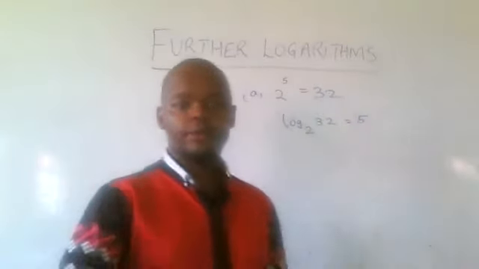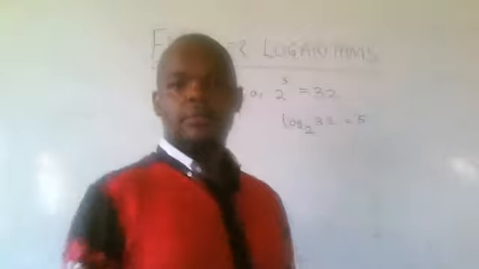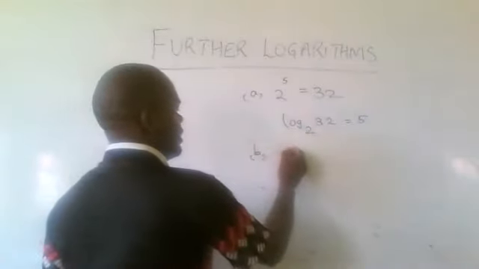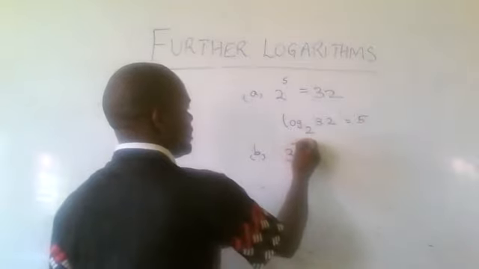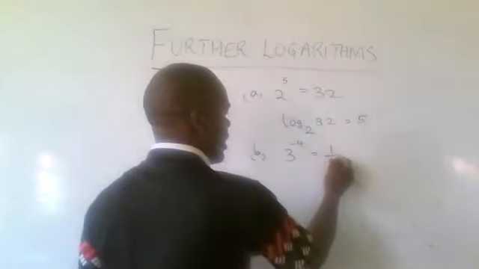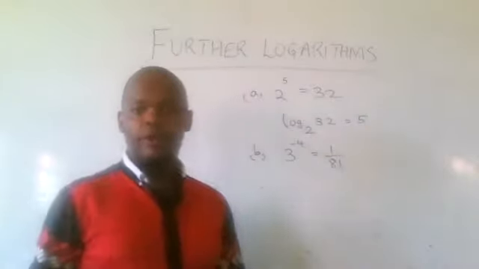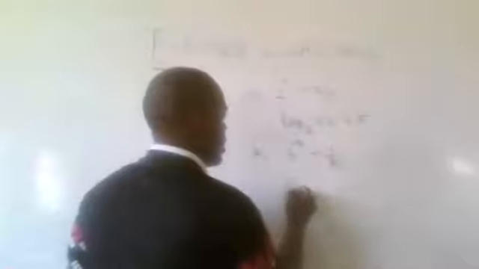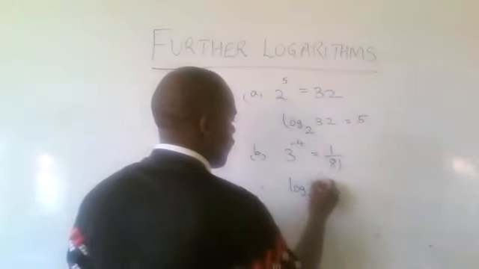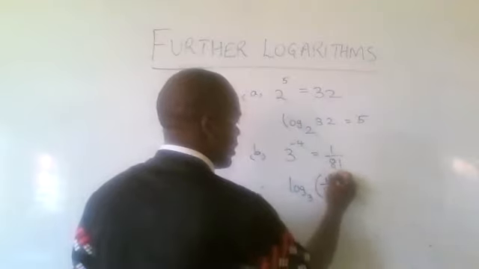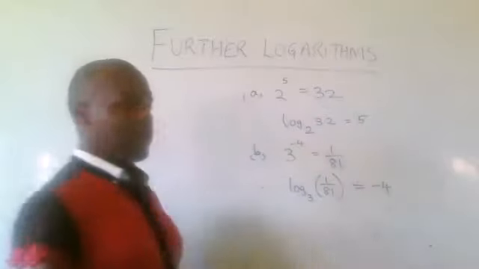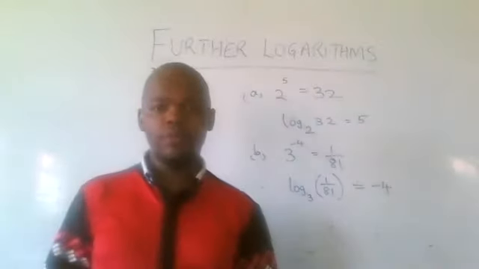Hope we are together. Then, if I have, let's say, 3 power negative 4 is equal to 1 over 81, how do you write that in logarithmic notation? It will be log to base 3 of 1 over 81 is equal to negative 4, or log 1 over 81 to base 3 is equal to negative 4.